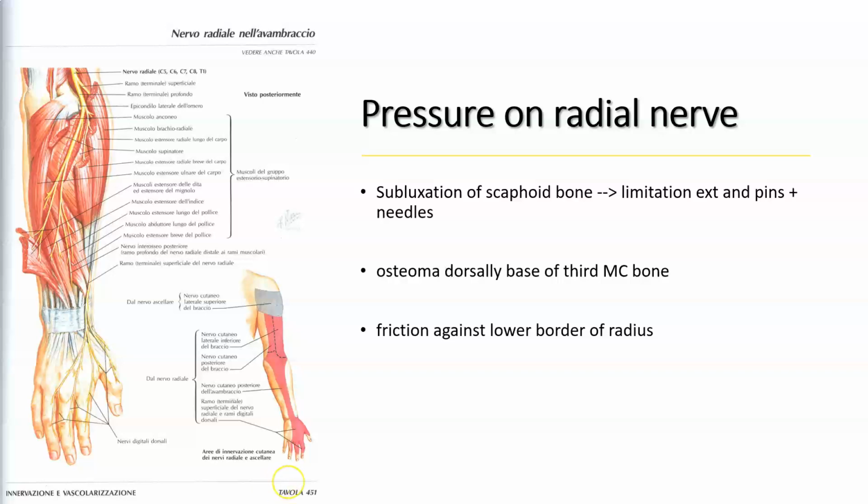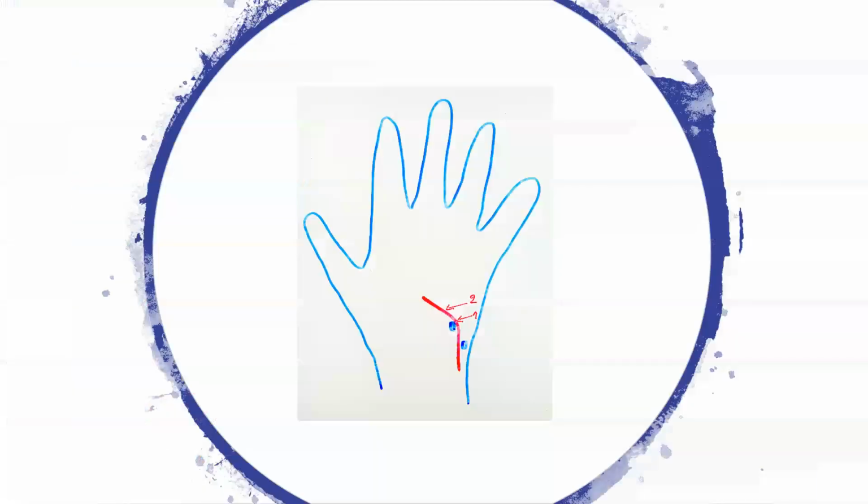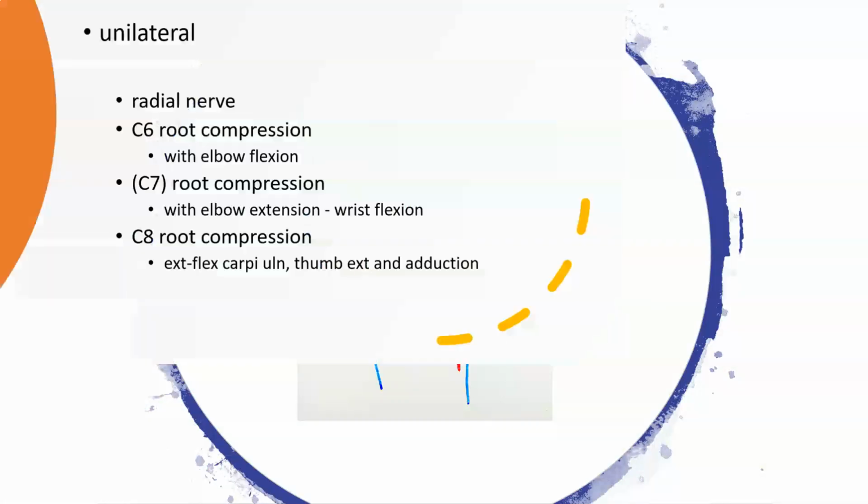If we are lucky, nervous mobilization techniques could be helpful. Pressure on the ulnar nerve could be related to a ganglion. If there is pressure on the ulnar nerve, mostly it's on location 1 and 2. Perhaps if necessary, an infiltration can also be given there.